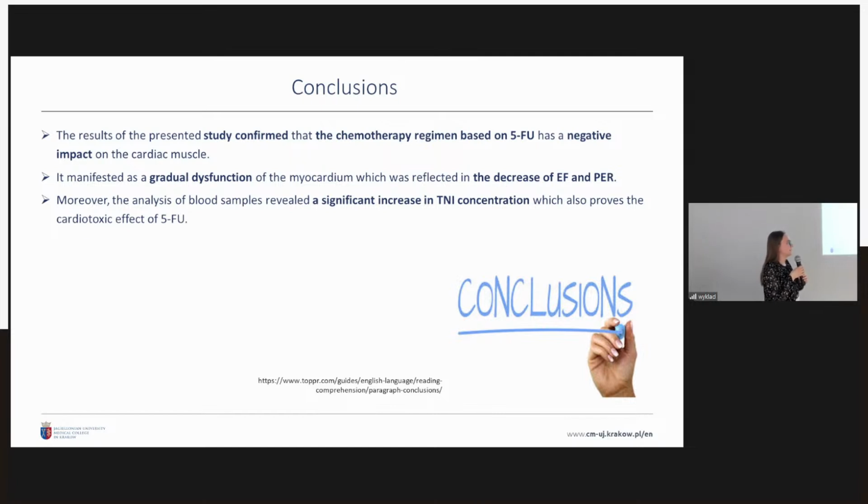And in our study, it manifested as a progressive dysfunction in the myocardium, as indicated by decline in the mean ejection rate and the mean peak ejection rate. And moreover, the increase of troponin I concentration also proves the cardiotoxic effect of 5-fluorouracil.